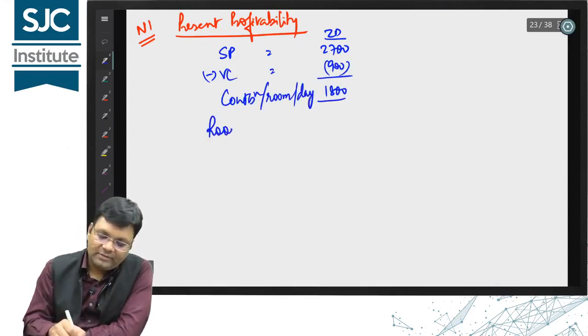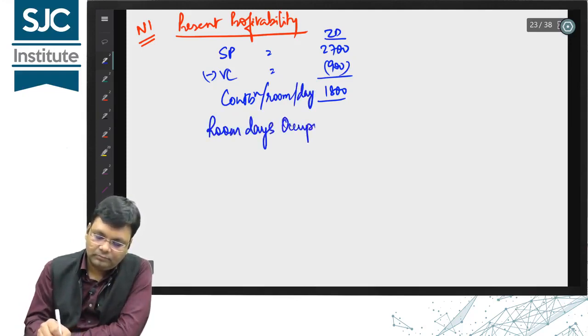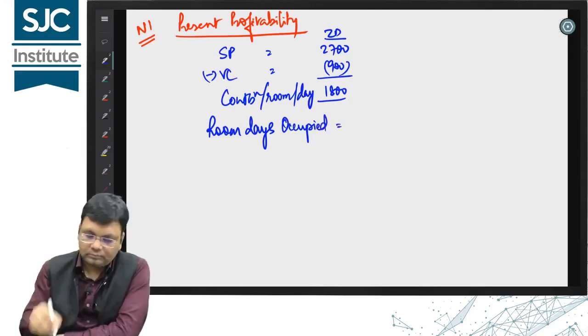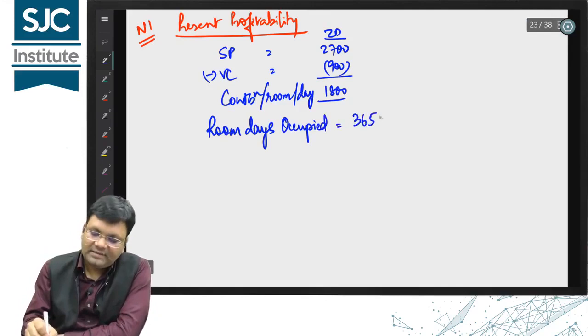Then we have room days occupied. It is 365 into 75% into 25.